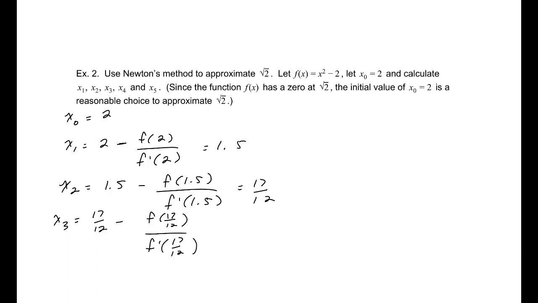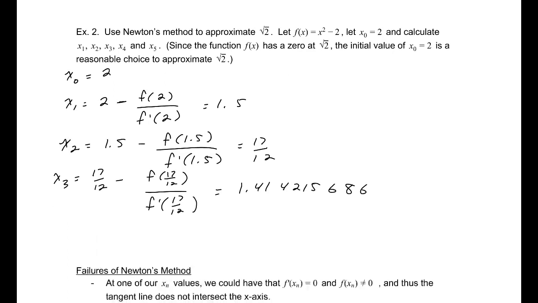Okay, that is 1.414215686. Now the square root of 2 is 1.414 and some change. So it looks like we're close.